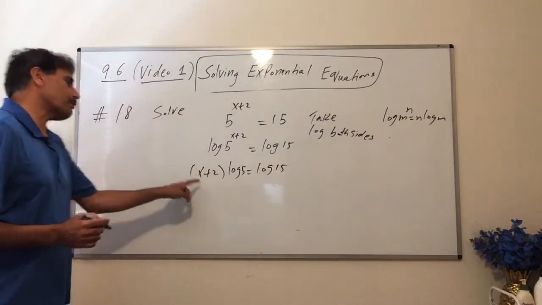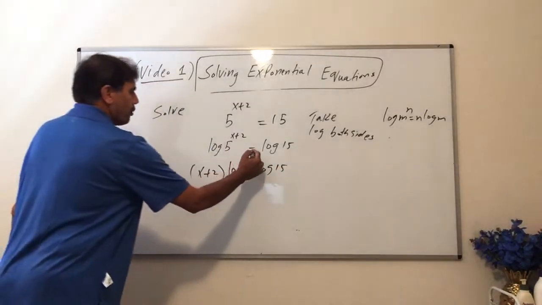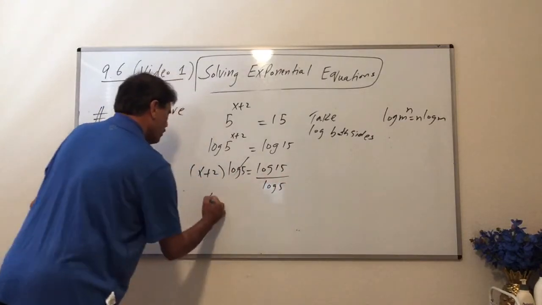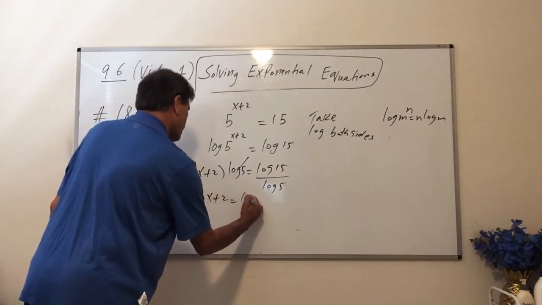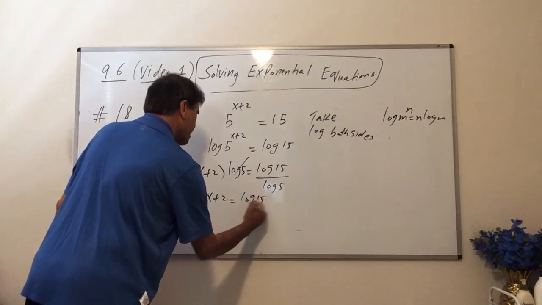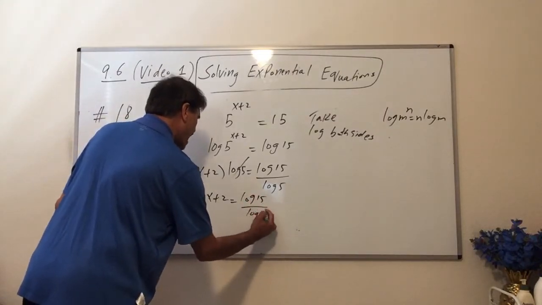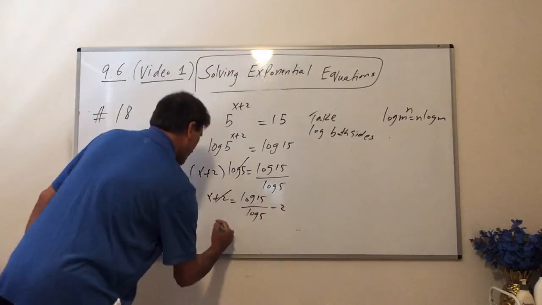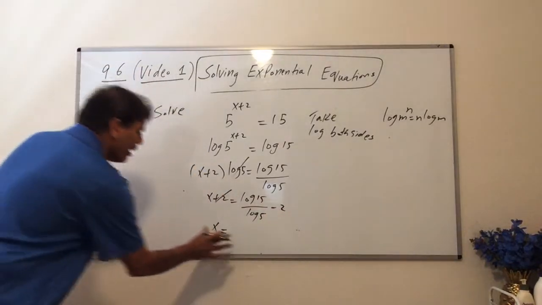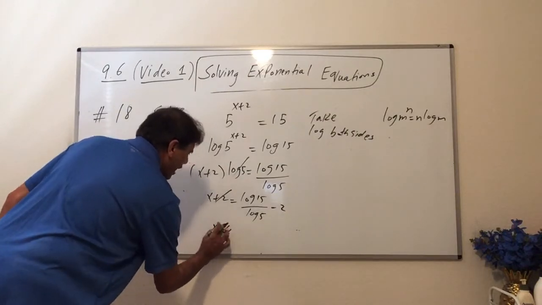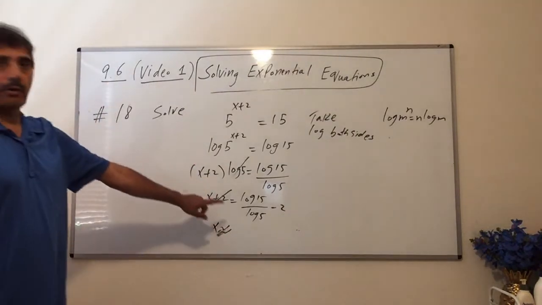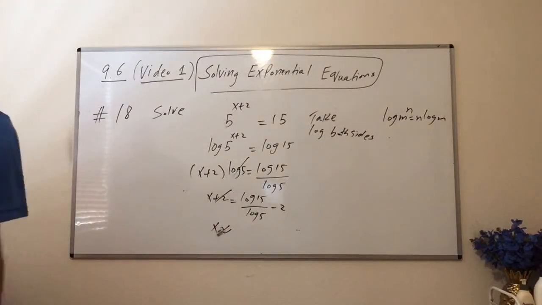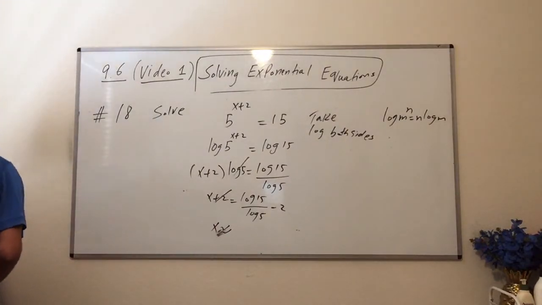Then make sure you isolate x plus 2 first, so divide both sides by log 5, so x plus 2 is log 15 over log 5, and to make x by itself, use the opposite. Then when you calculate, just like the last one, we're keeping the 4th place value, so use the calculator, go log 15 divided by log 5 and minus 2 both sides.